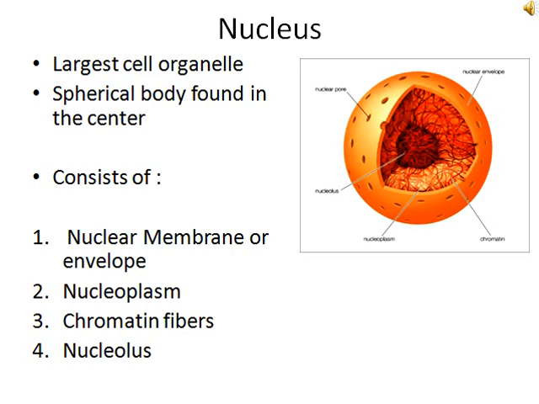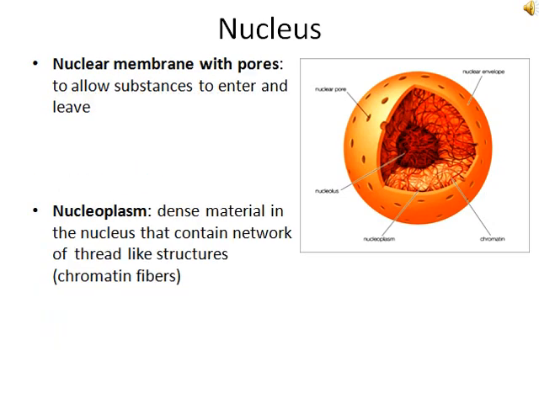The covering membrane of the nucleus is called the nuclear membrane. It contains many pores to allow substances to enter and leave the nucleus. One end of the endoplasmic reticulum is connected to these pores to allow the materials to transport through it to the nucleus.